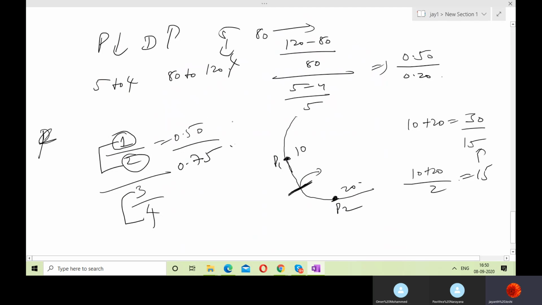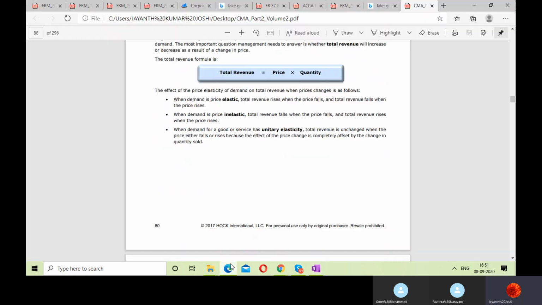But if there is an increase in price from 4 to 5, the demand will decrease, suppose from around 200 to, we don't know, it can be 0 also. So when demand increases, the revenue increases. When the demand decreases, the revenue decreases. That's what they're showing in the changes.